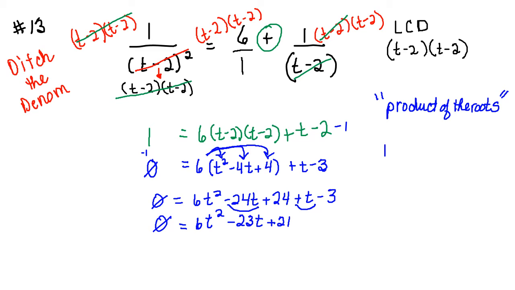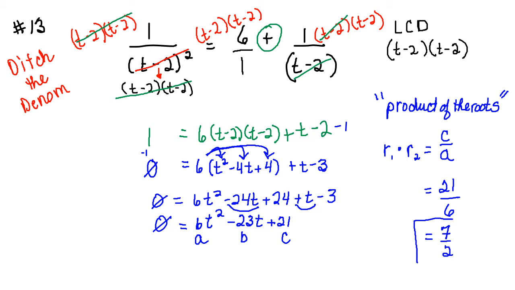Remembering that the product of the roots is root 1 times root 2, the product is c over a. So this is the c, this is the b, this is the a. I'm going to put the 21 over the 6. And when you reduce it down, it gives you 7 over 2. And lo and behold, that was the answer.